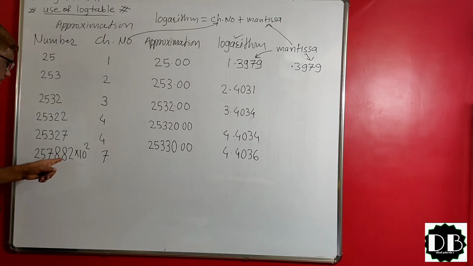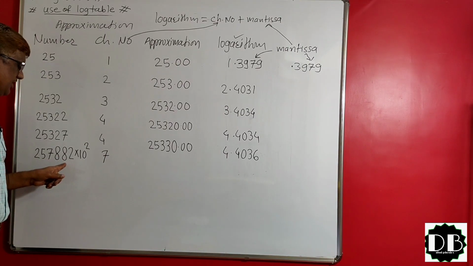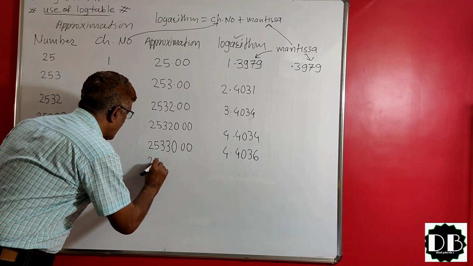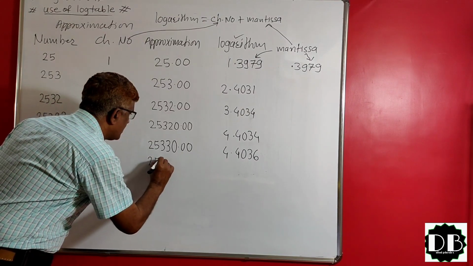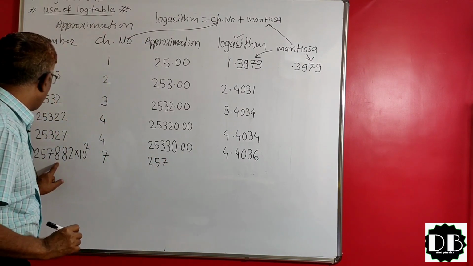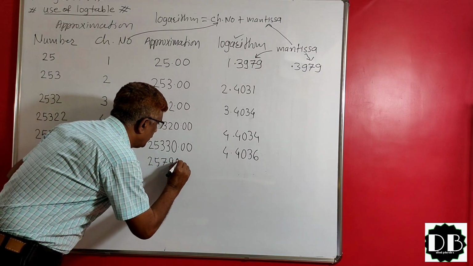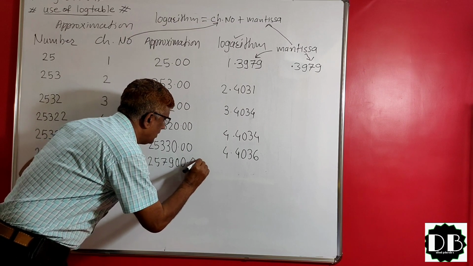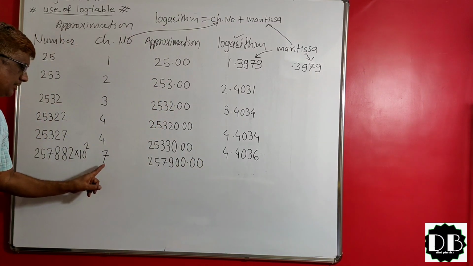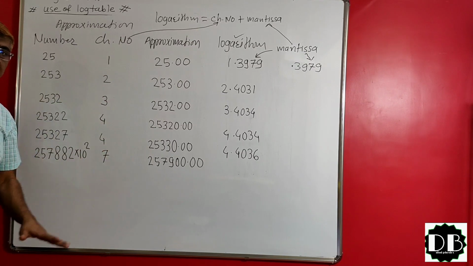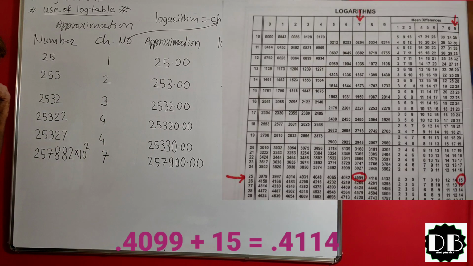We can see that the fifth digit is 5 or greater than 5. Add 1 into the third digit. We have 2 5 7, and instead of 8, I am going to write 7 9 0 0 0 0. Then the point doesn't matter. Character number matters. After that, your log changes dramatically.